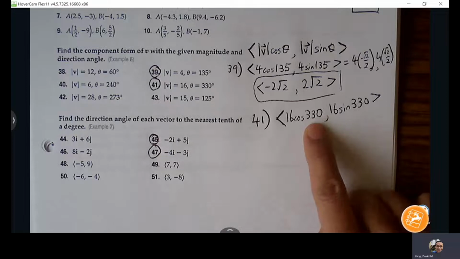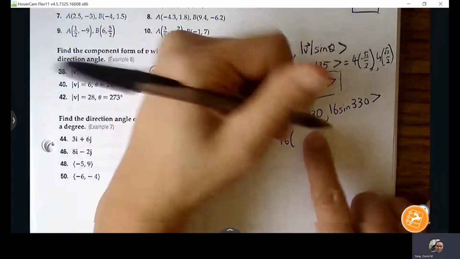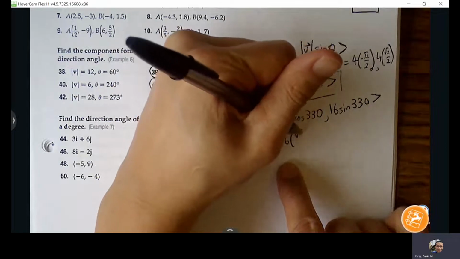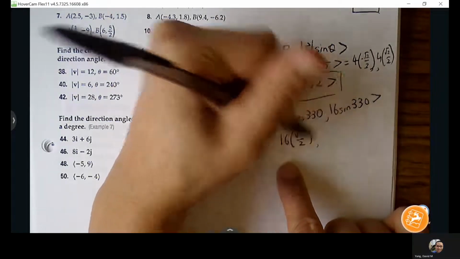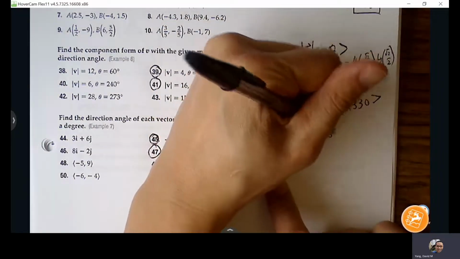Okay, cosine 330. This is in the fourth quadrant, so √3/2. Sine is negative in the fourth quadrant, -1/2.